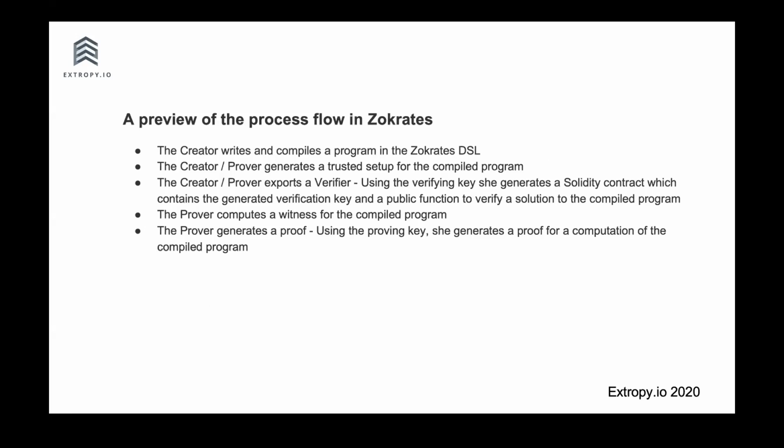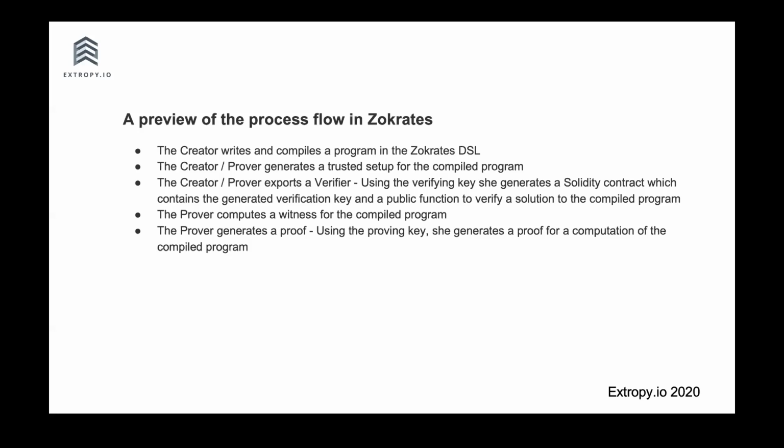And then the creator or the prover generates what we call a trusted setup, and I'll go into this in more detail later on. We then export two pieces of information, a verifier key and a prover key. It's perhaps a misnomer to call them keys, as they are not keys in the sense of being private keys, private key pairs, or anything like that. But they are needed for the rest of the proof.